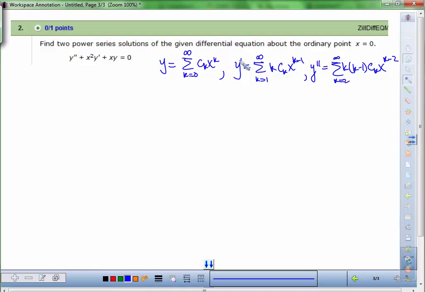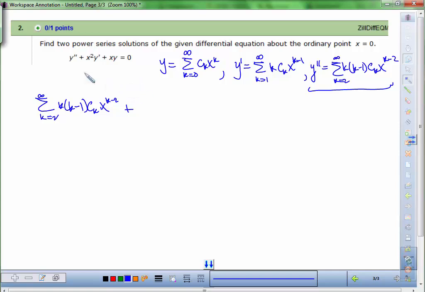So let's put in those values for y double prime. We got the sum, k goes from 2 to infinity, k minus 1 ck x to the k minus 2, plus, now there's an extra x squared here that's going to get distributed to an infinite number of terms.